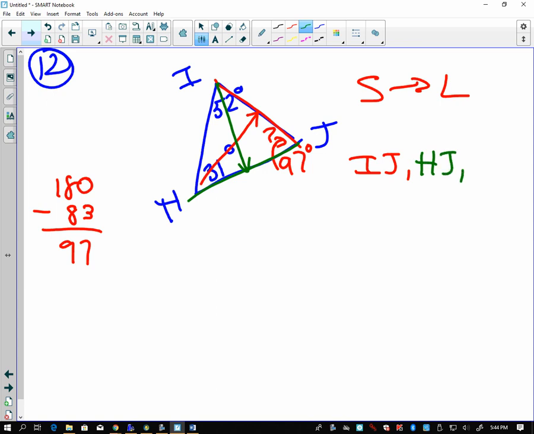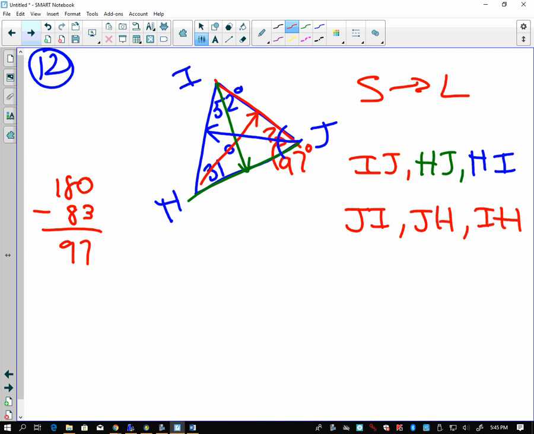And then my longest angle is here, come across over to here, that is HI. From shortest to longest, it is IJ, HJ, and HI. Now, it's going to be written out, but this could have been JI, JH, and IH. It wouldn't have changed anything. Those are still the same sides.